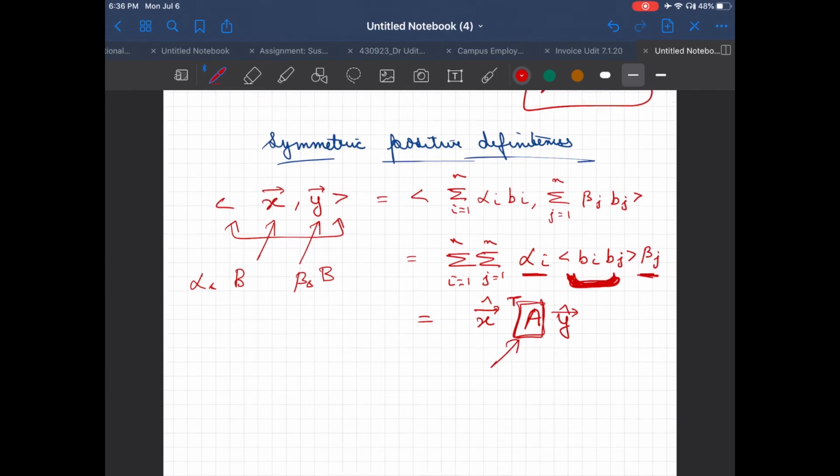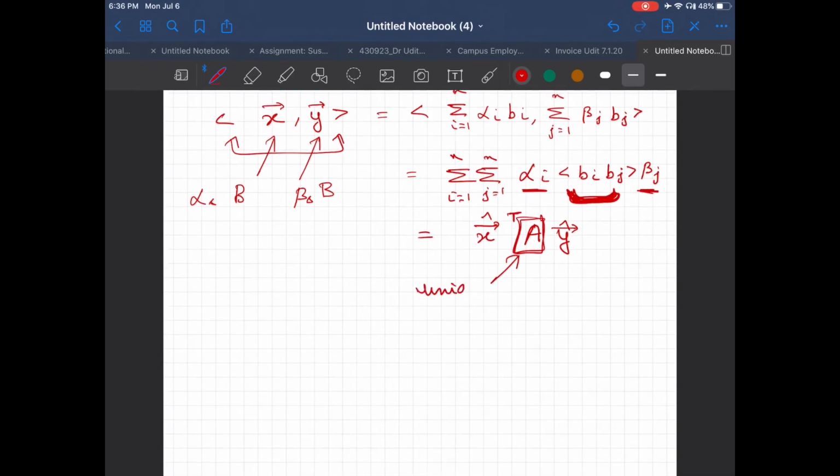Now the unique thing here is that the uniqueness of A would control whether our bilinear mapping qualifies to be an inner product or not.